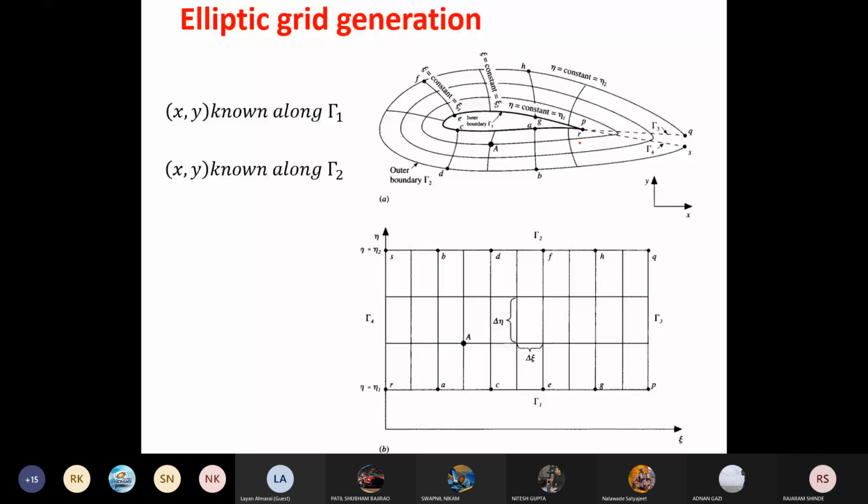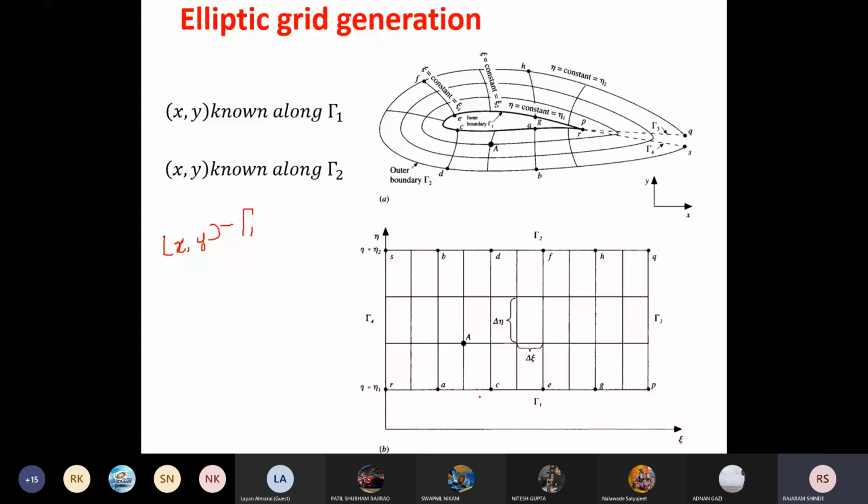On this boundary, x comma y is unknown. These values are known along this boundary. That means on this inner boundary you have known values of x and y, which means this boundary is known in the computational plane.